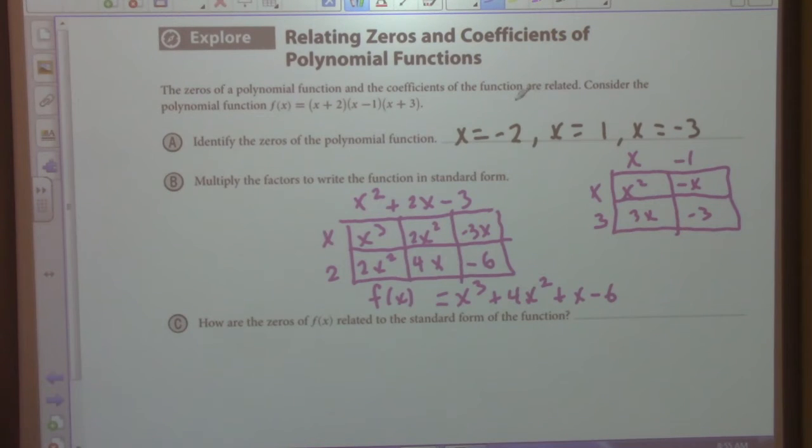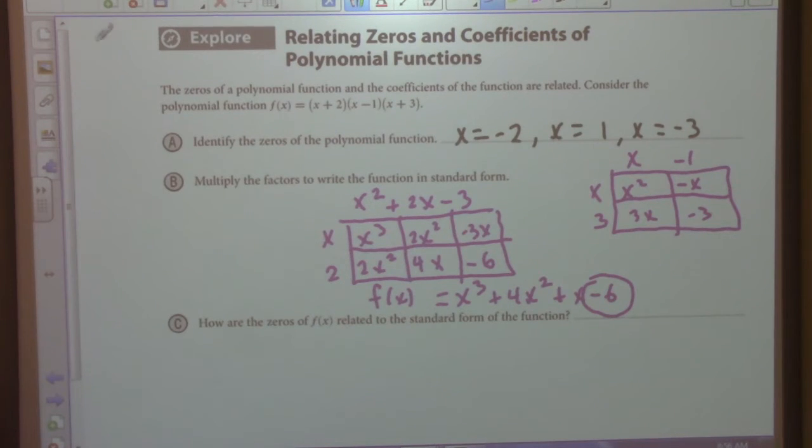As an experienced pre-calculus, Algebra 2 and calculus teacher, it is obvious to me, but from my experience. The relation has to do with this number negative 6 and this number 1. The ratio, if you take 6 divided by 1, what do you get? 6. What are some of the factors of 6? So that's kind of how they're related.